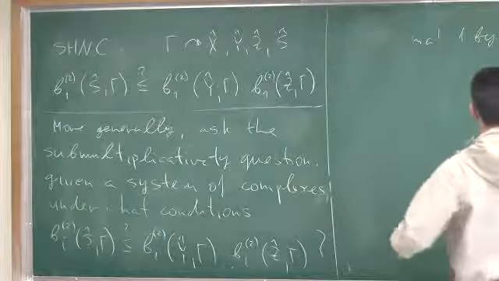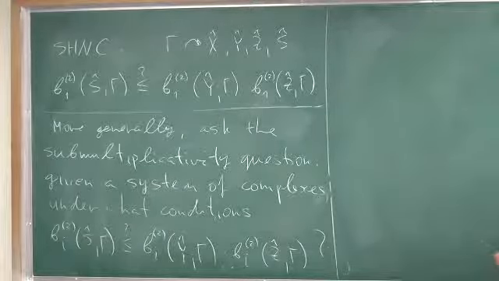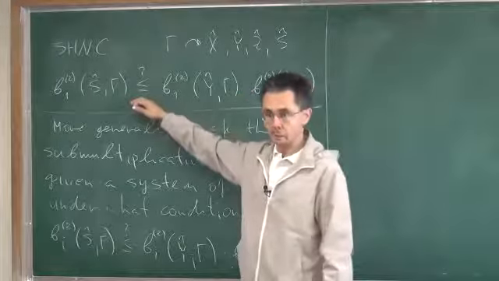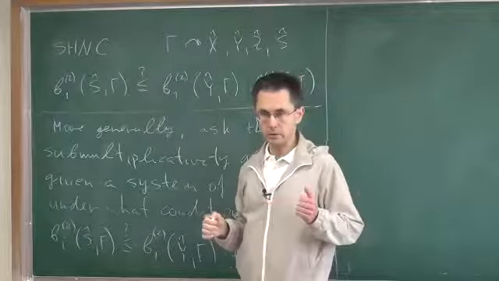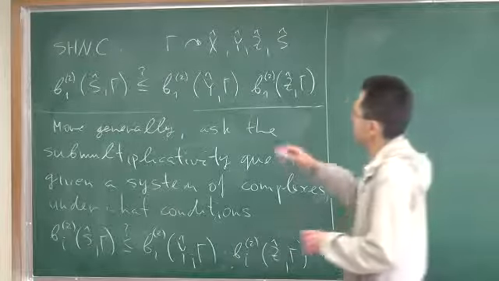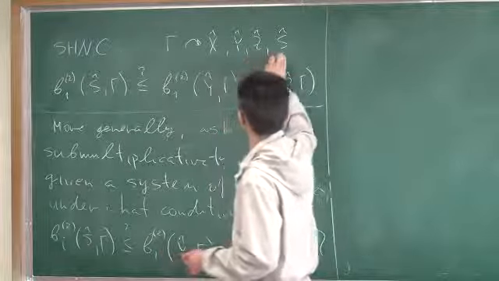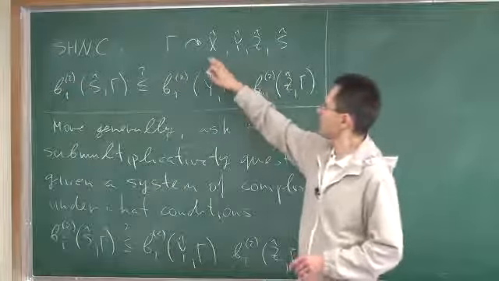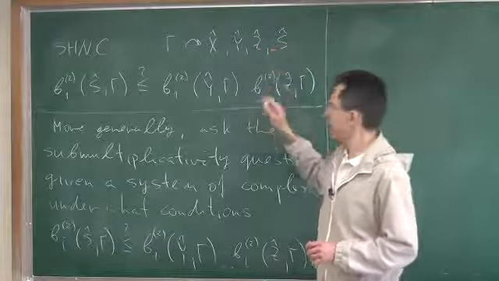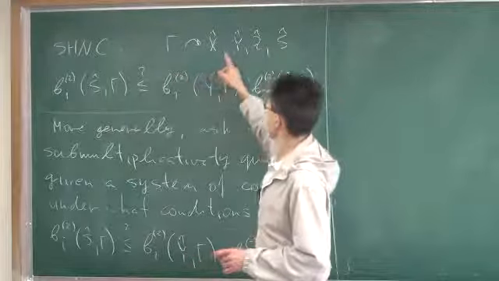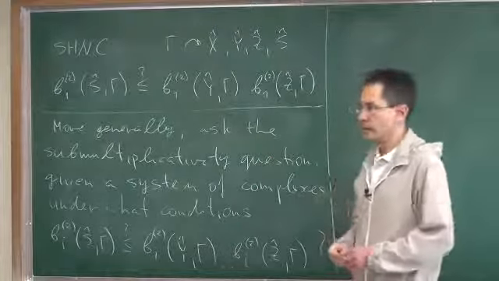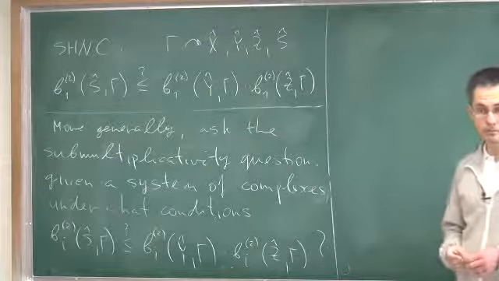Let me note also that even in the case of graphs, this restatement actually is more general than the original Hanna-Neumann conjecture. Why? Because in the statement of the strengthened Hanna-Neumann conjecture, those graphs are forests. But we can ask the same question when these are not necessarily forests, but just arbitrary graphs. Is that true or not? And the answer is yes, it is true.